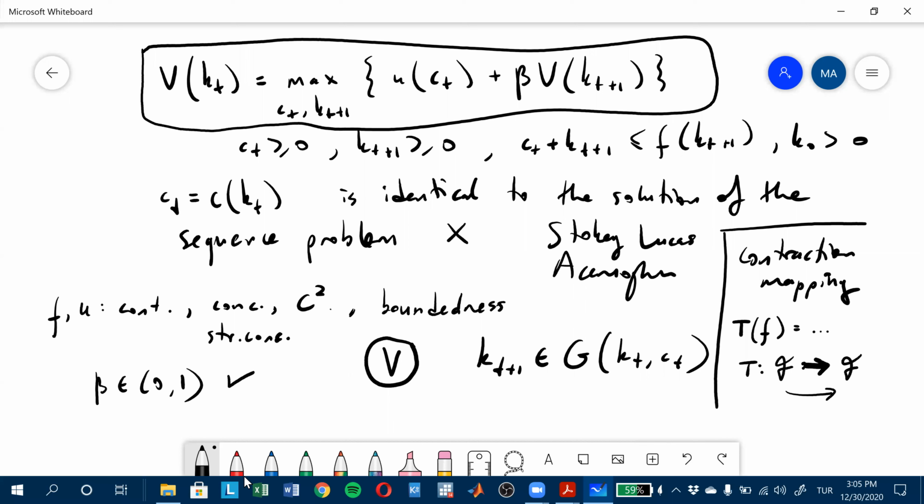For contraction mapping, there are a couple of properties. Perhaps next week I can talk about these. But one thing is that beta less than 1 is important for T to be a contraction. So when we express the value function, the Bellman equation, as a mapping, we would need such a thing.